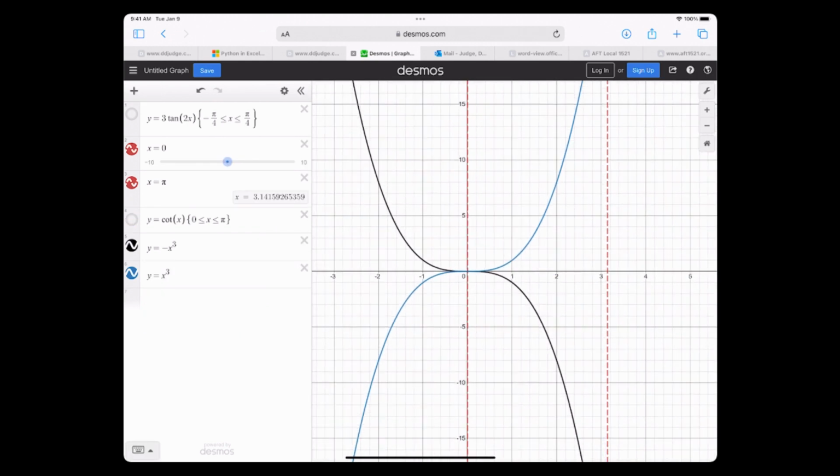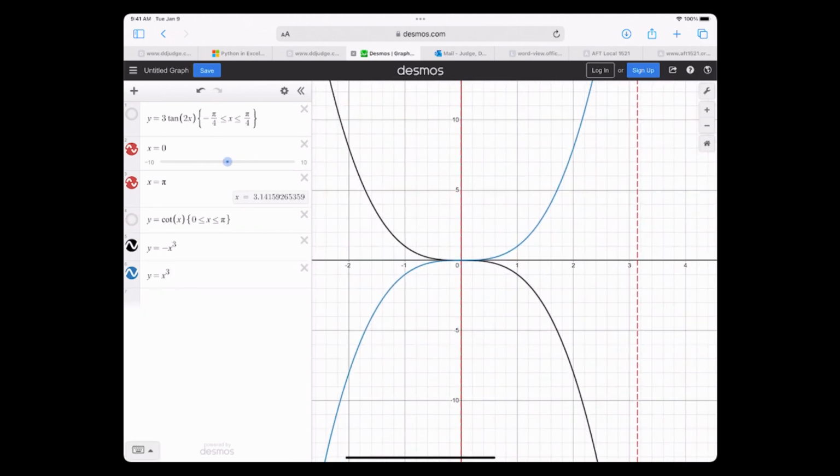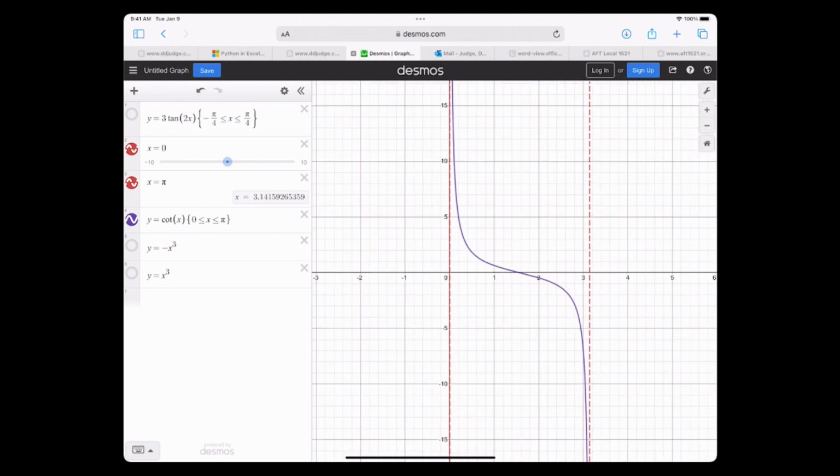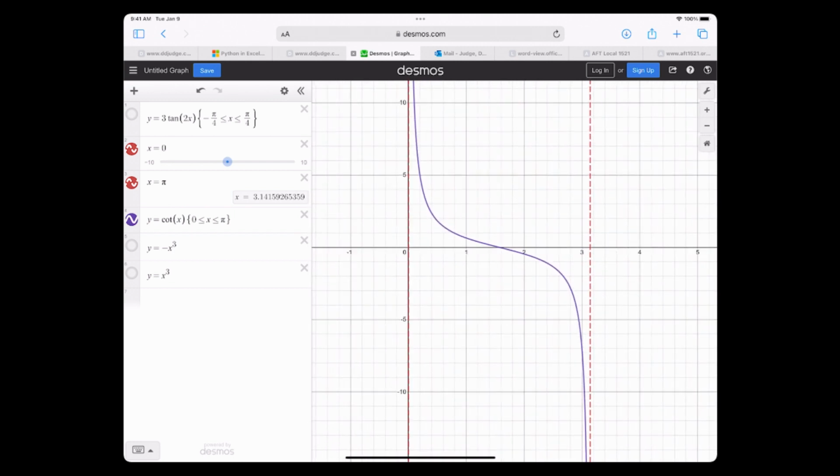Okay, I'm going to get rid of this. This is kind of what I remember in my mind for graphing sines and cosines. This is y is x cubed. This is y equals minus x cubed. Here, this is y equals cotangent. And you have those vertical asymptotes.